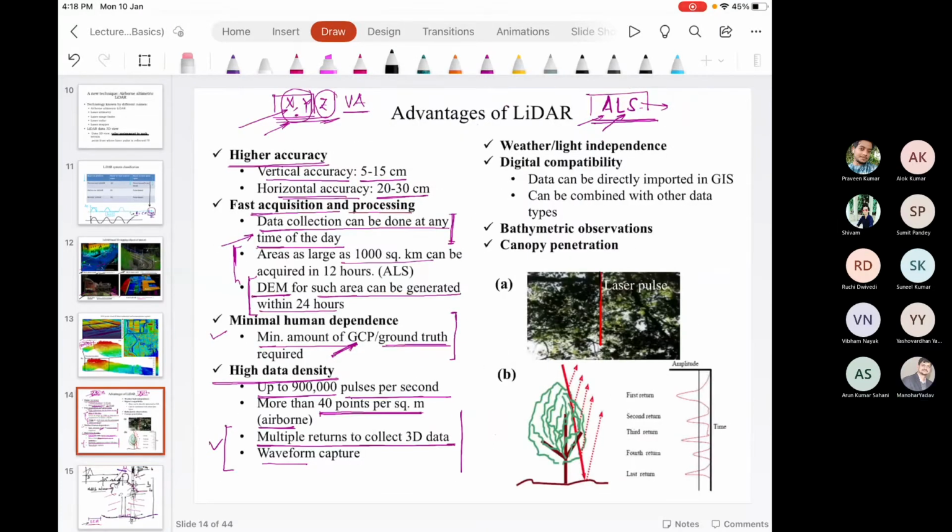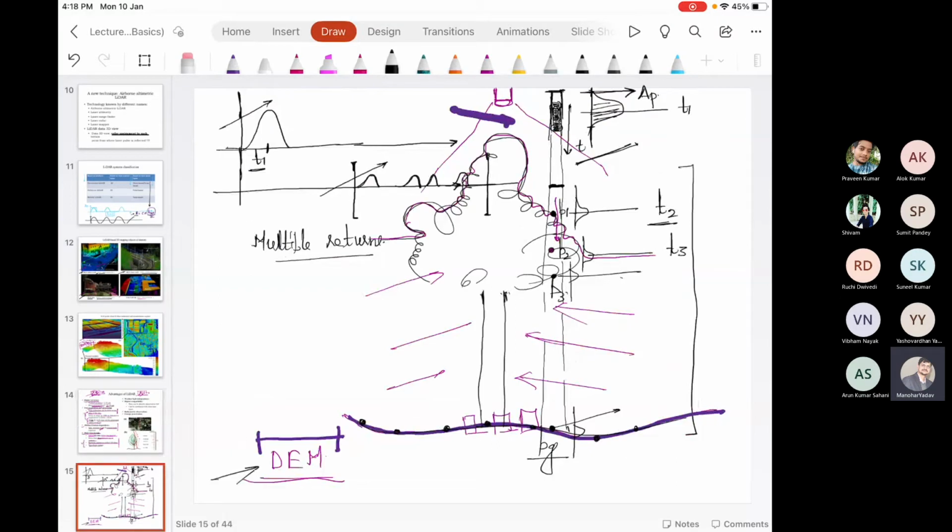Fine. So waveform capture. Waveform capture means the recording of this return. So this entire waveform, at a different interaction point, the way the transmitted pulse is reflected, this entire waveform is recorded. This will further help you in the forestry applications. So that I'm not discussing over here.